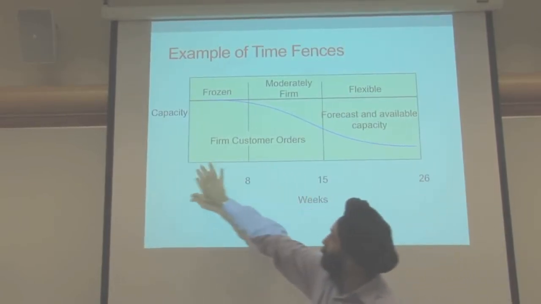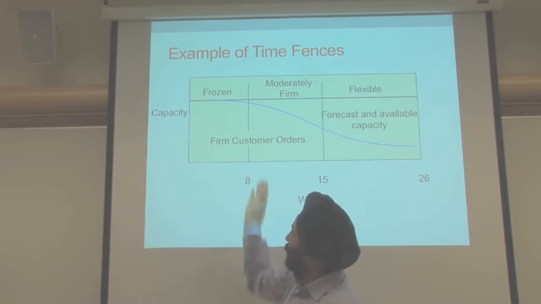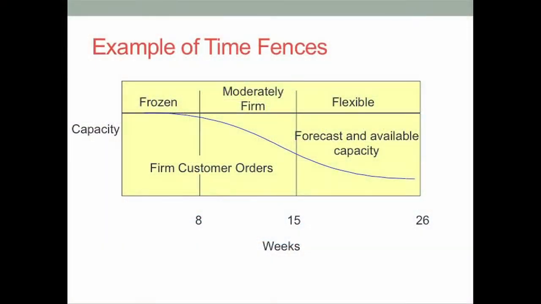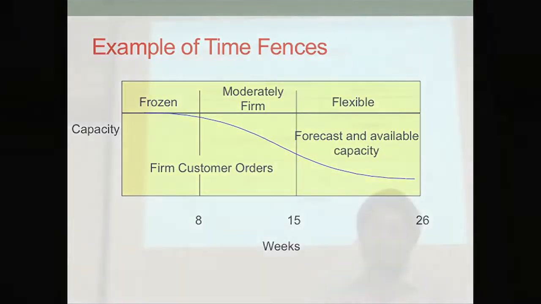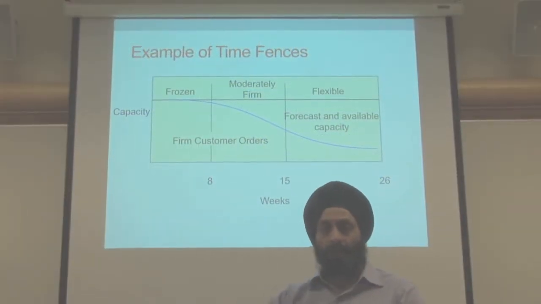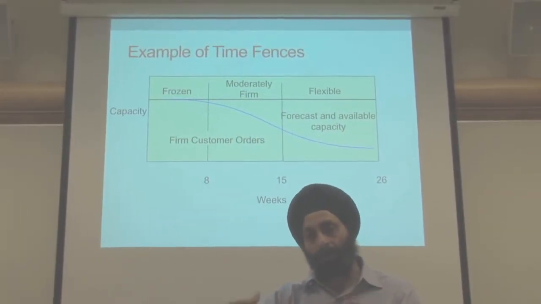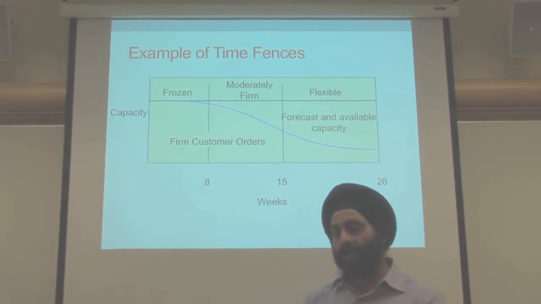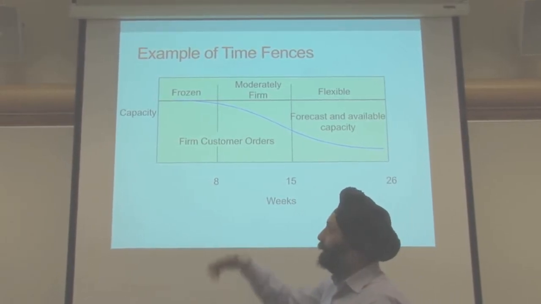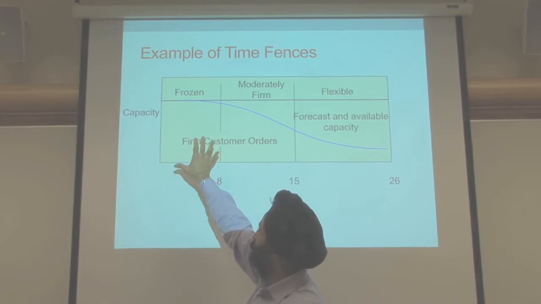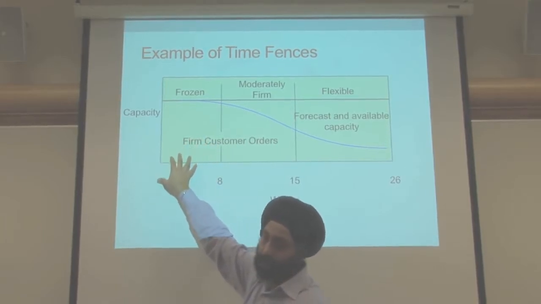So this is the frozen part, from now till 8 weeks from now, there's almost no changes allowed. The production is already put in place, and very little flexibility in capacity is available. So these are all based on firm customer orders.